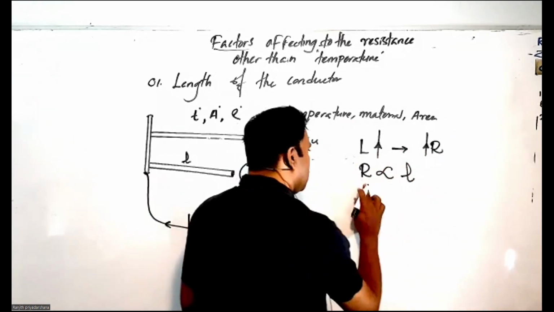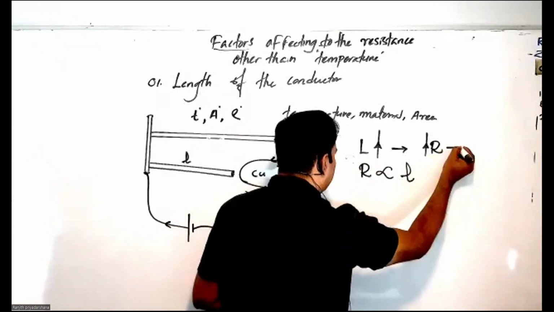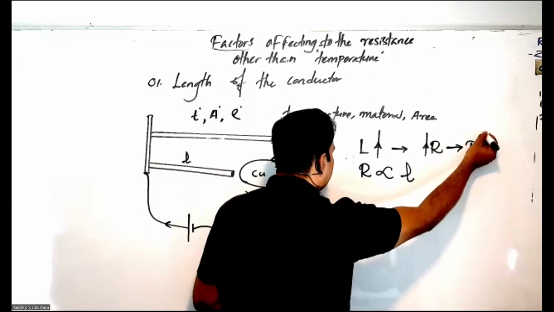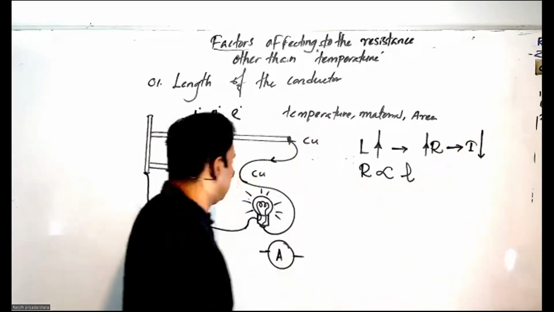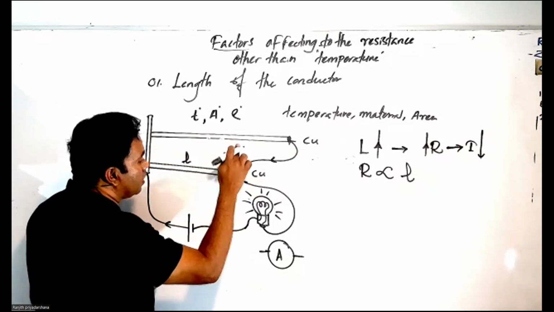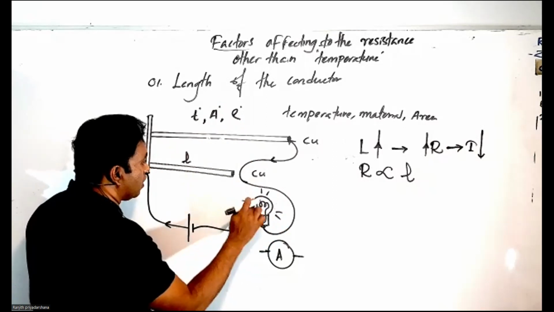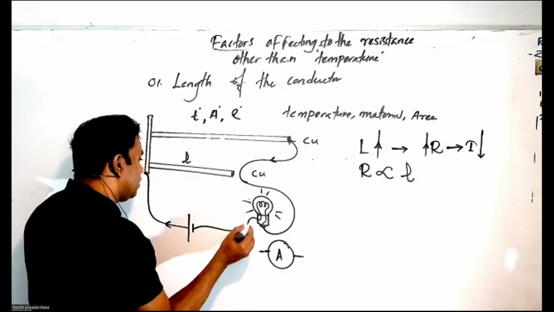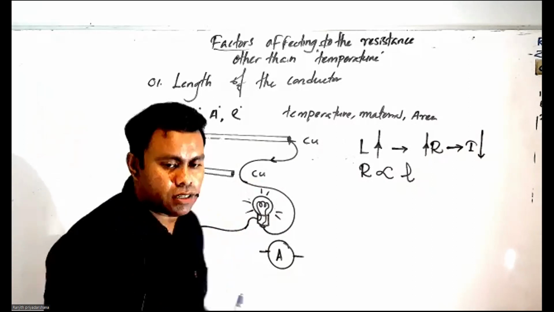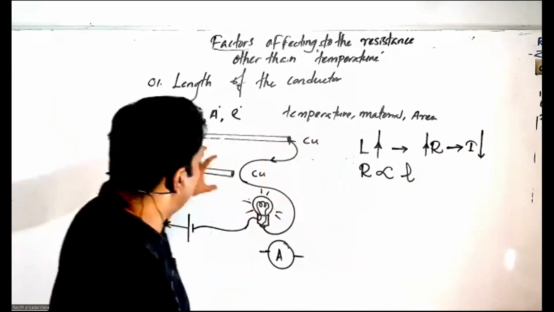Right? Length එක වැඩි නම් resistance වැඩි නම් පුතා current එක I මොකද වෙන්නේ? I decreases. The same thing happens here. Length increases, then resistance increases. When the resistance is high, current is low. Current එක අඩු වෙද්දී bulb එකේ එළිය අඩුයි. Right? So this is that experiment. Now draw this setup.